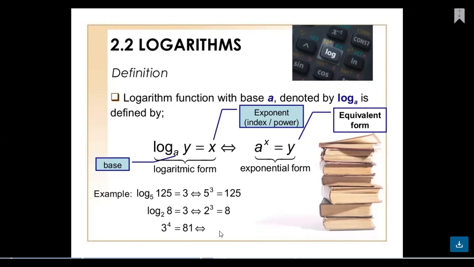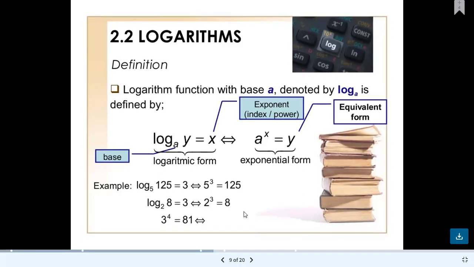Magiging log base 3 of 81 is equal to 4. Okay, tama ba? Try nyo na lang next time.